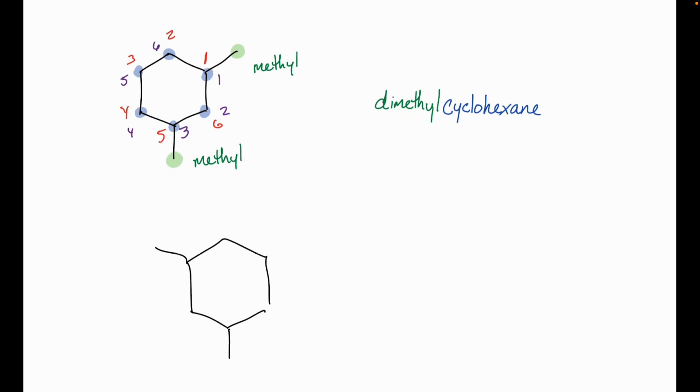And so which one of these are we going to pick? The purple. So 1,3-dimethyl cyclohexane. And again, we have to designate it because that would be a different molecule than 1,2-dimethyl cyclohexane or 1,4-dimethyl. The whole point is to be unambiguous when we do our numbering or when we do our naming.